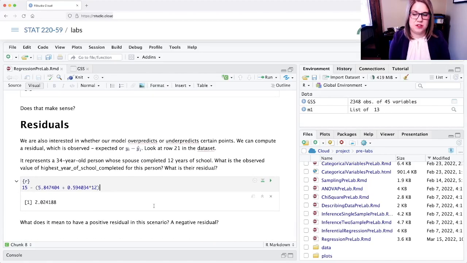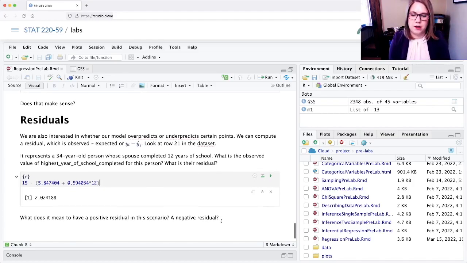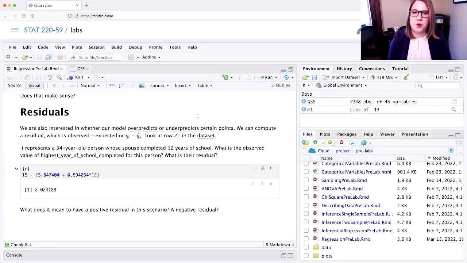It's a positive residual, which means that we under-predicted. We thought that they would have done less school than they actually did. So if you have a positive residual in this scenario, it means you went to more school than the model expected. And if you have a negative residual, that means you went to less school than the model expected. So that is regression, just as a descriptive technique in R.